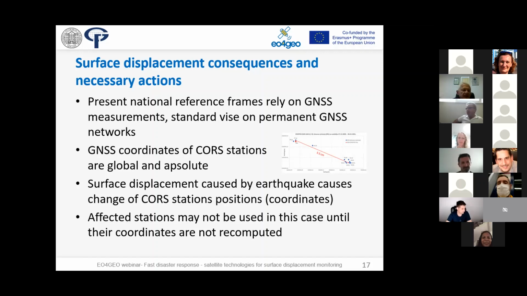And in this case, today, GNSS coordinates of CORS stations are global and absolute, so they are fixed, and any surface movement, geodynamical or accidental, when an earthquake happens, basically results in the change of the coordinates of those CORS stations.